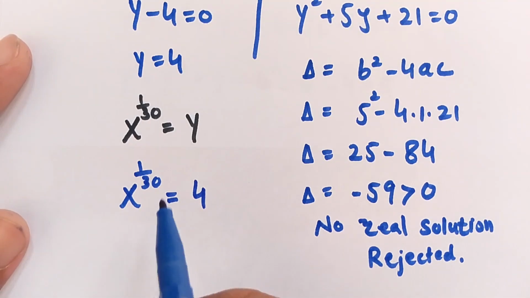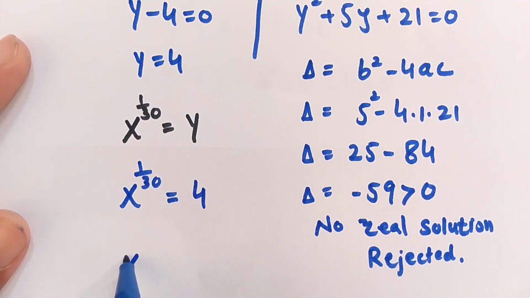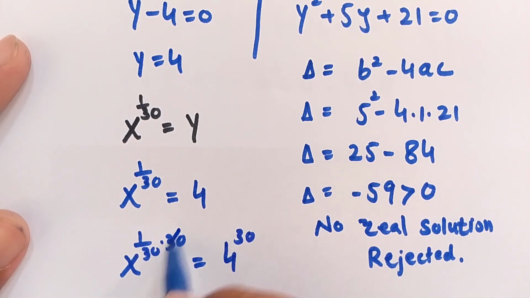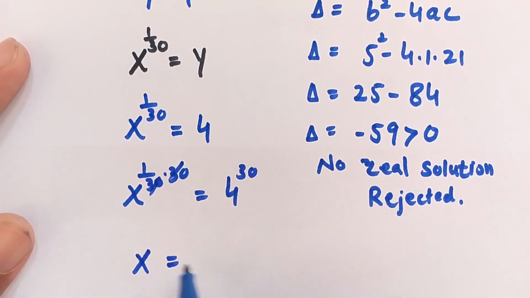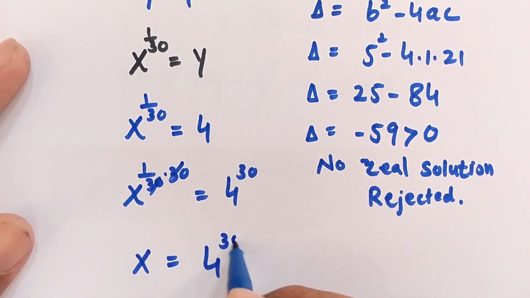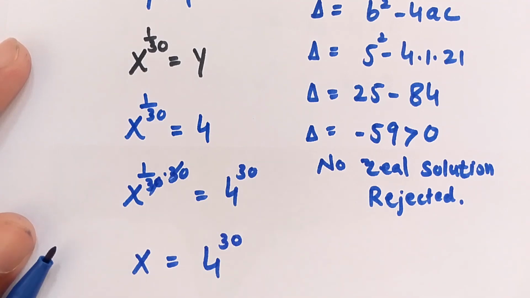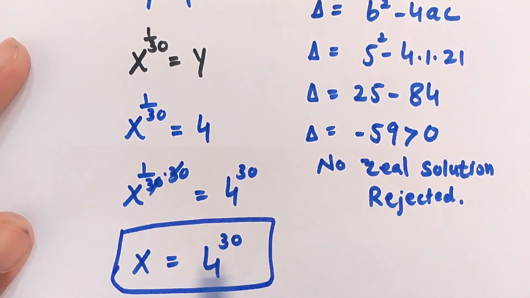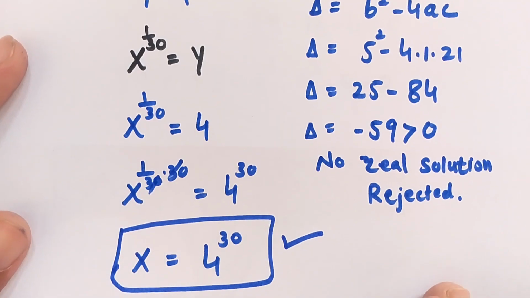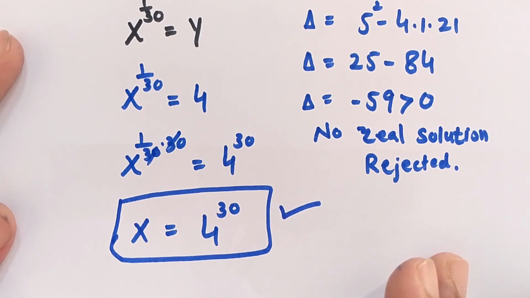Now we have to raise both sides to the power of 30, so (x^(1/30))^30 = 4^30. So this 30 cancels this 30, so x is equal to 4^30. This is our answer. Now we have to check whether this answer is correct or not.